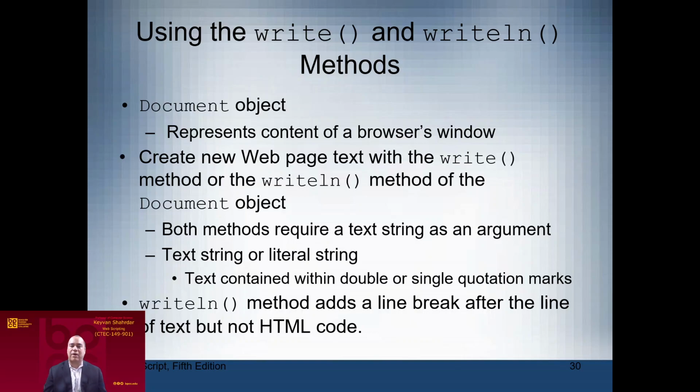Both methods require a text string as an argument, a text string or literal string, which is text contained within double or single quotation marks. So writeLine, and then you have parentheses, and inside the parentheses you're going to have quotation marks, either single or double. And then the method adds a line break after the line text, but not of HTML code. That's if you do a writeLine. But if you just do a write, it doesn't add a line break.